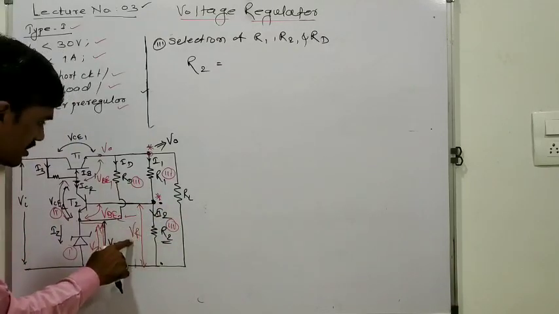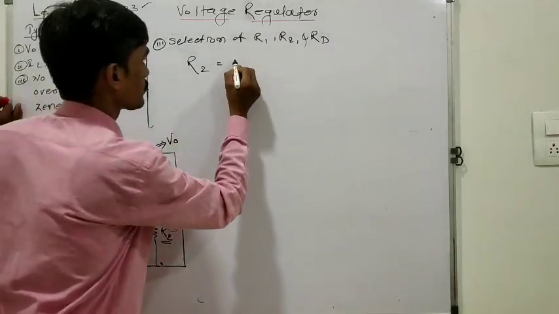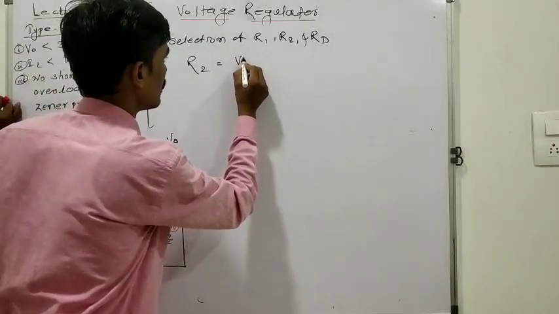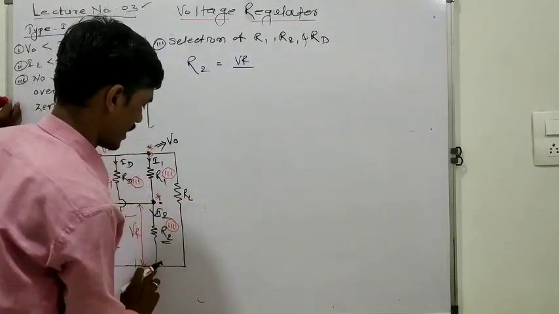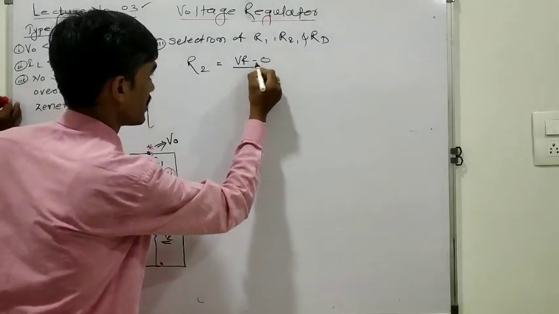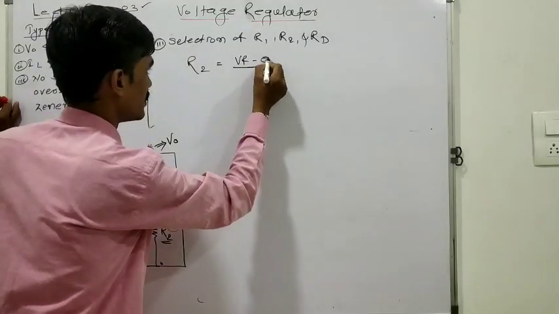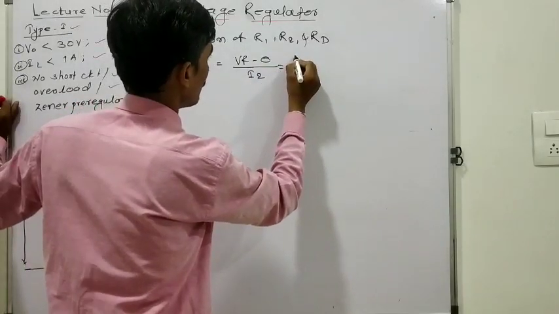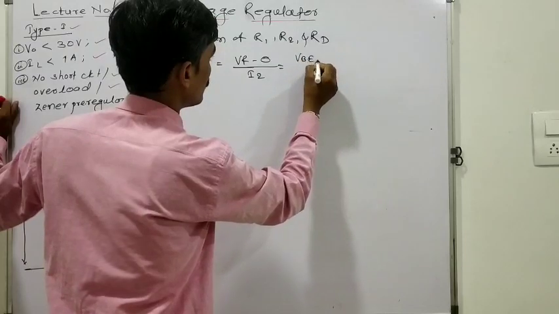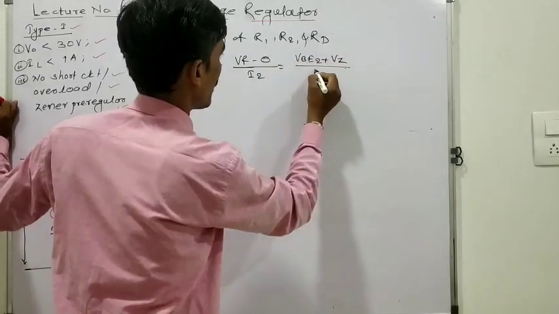VF is equal to VBE2 plus VZ. The voltage at the other end is 0. So VF minus 0 divided by I2. So we can write it as VBE2 plus VZ divided by I2.